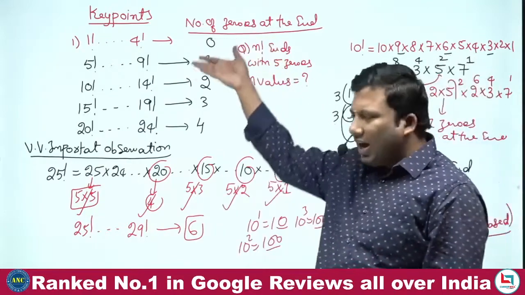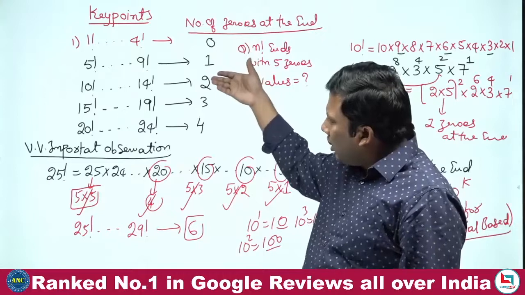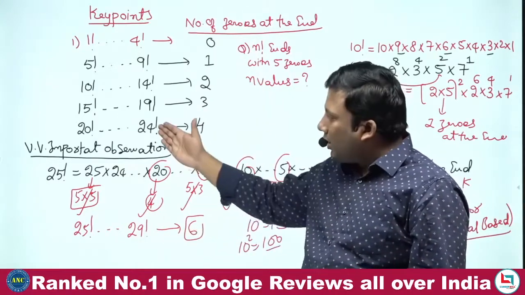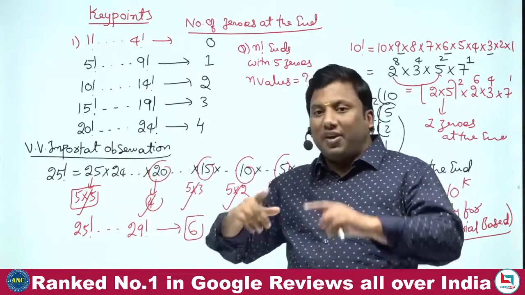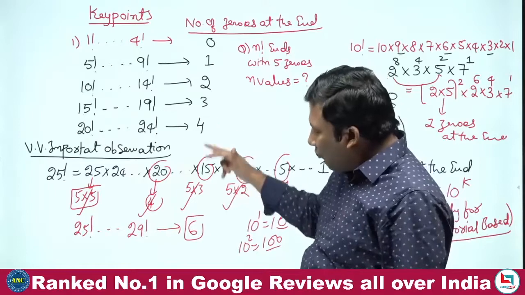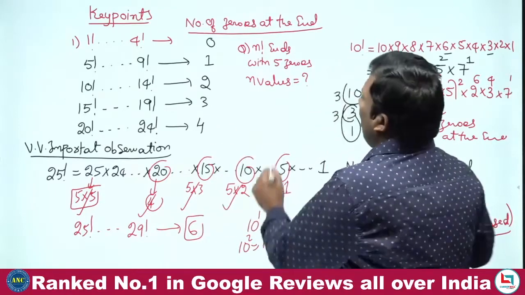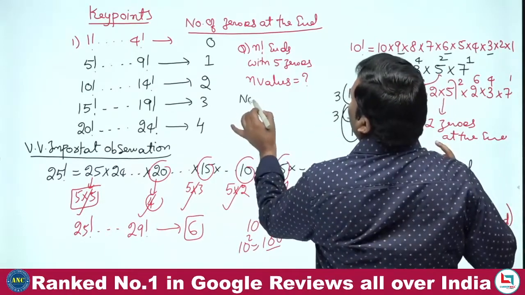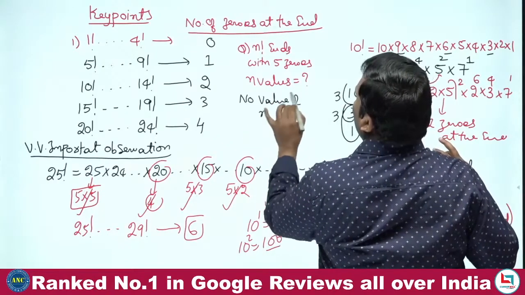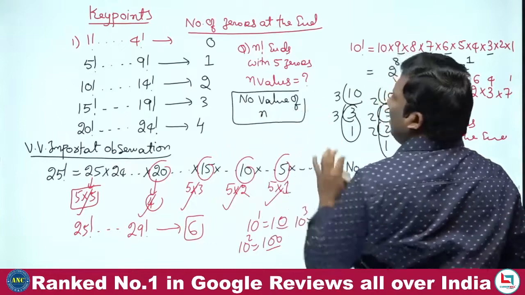According to this calculation, 0, 1, 2, 3, 4. After 4, there is a direct jump to 6, because I am getting 25 factorial. 25 is 5 squared, so there is a jump of 2. How many values? No value of n. No value of n will have 5 zeros at the end.